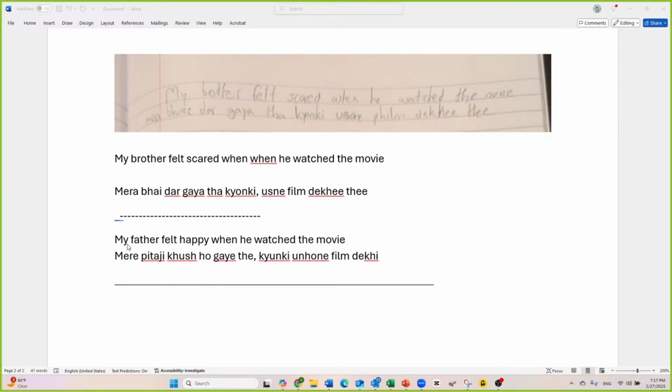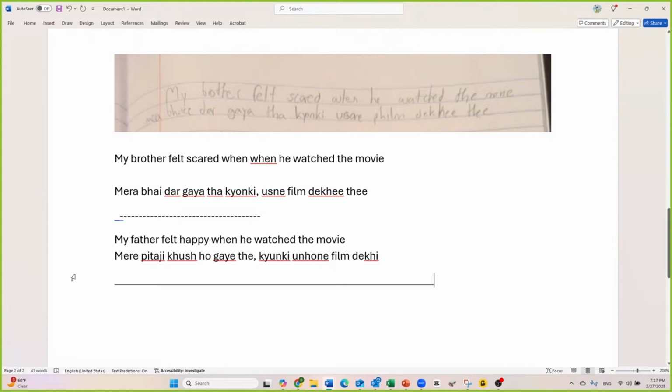So, Anisha, we were doing this sentence. I want you to read the English sentence first, and then we'll read the Hindi sentence together. Actually, Anisha, read English and Hindi both. My father felt happy when he watched the movie. मेरे पिताजी खुश हो गए थे क्योंकि उन्होंने फिल्म देखी.